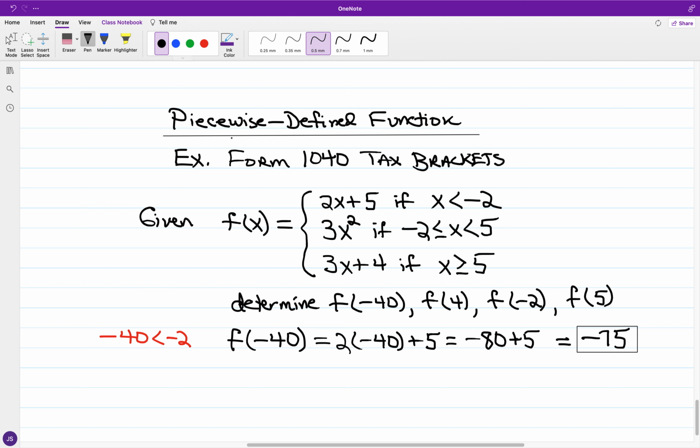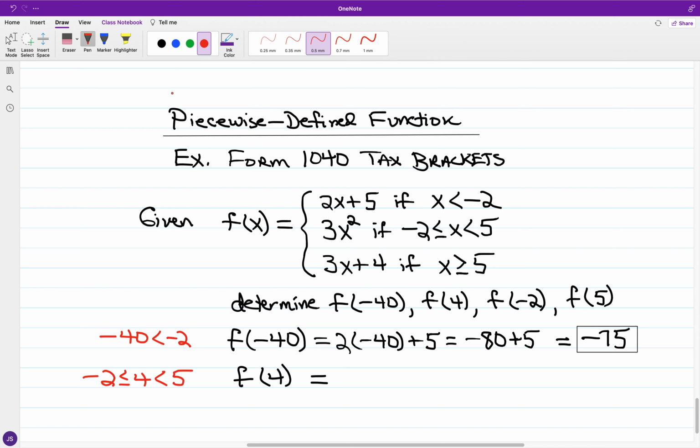Okay, now just changing up the input. If I have x at 4, I'm looking at the corresponding y value. Now in terms of where x at 4 belongs, well, 4 is not less than -2, and 4 is not greater than or equal to 5, but it does fall between -2 and 5. So -2 is less than 4, and in turn 4 is less than 5, which is true, and we're using this particular case where -2 is less than or equal to x is less than 5.